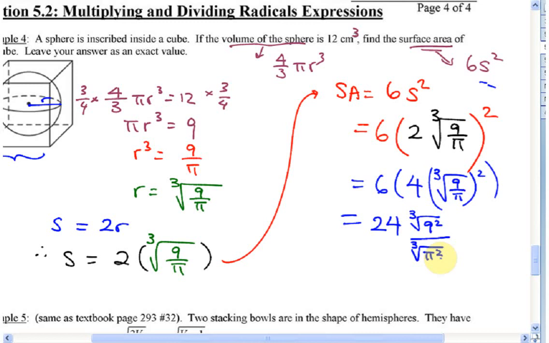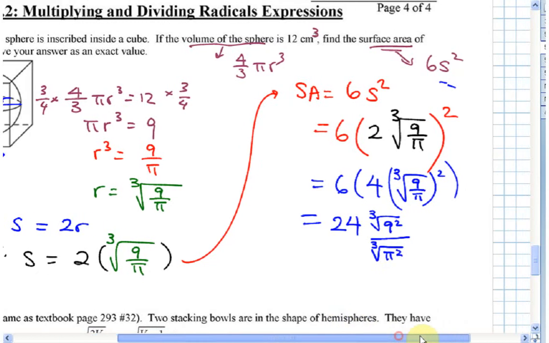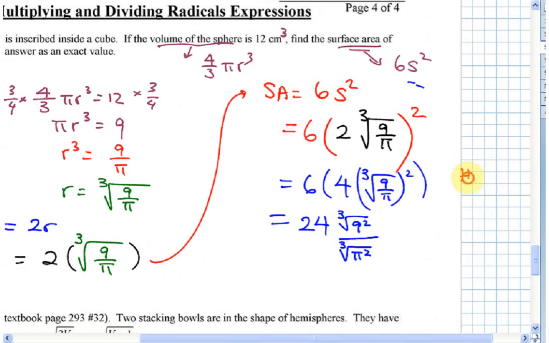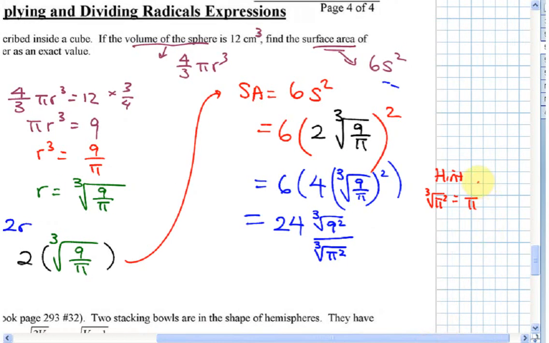Now remember, this is a cube root. You decide what you should multiply this by to make this a nice number. If you want a hint, remember the cube root of pi squared is the same thing as pi to the power of what fraction here? 2/3.